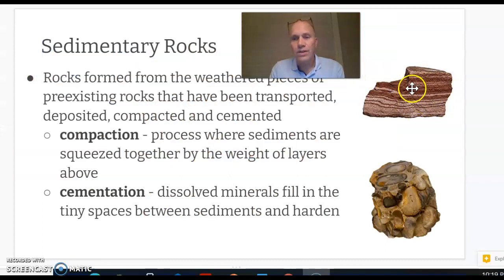These rocks right here, at one point in time, were tiny little rocks. This right here is sandstone. At one point in time, it was just tiny pieces of sand, but it got buried and forced together. It got compacted, and there are also some chemicals here that help to hold the rock together, and that's how this got formed.